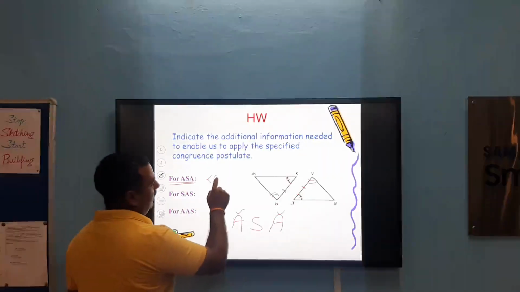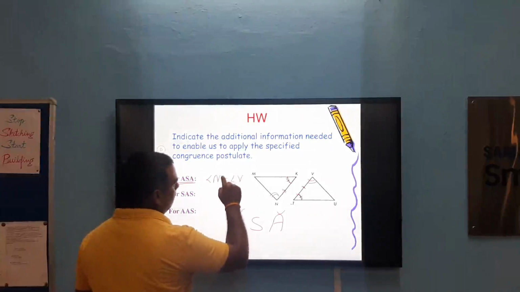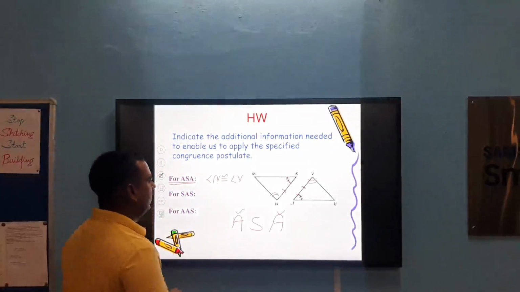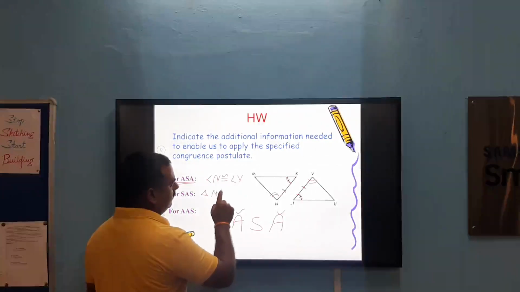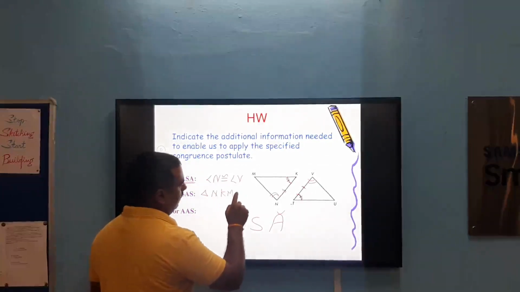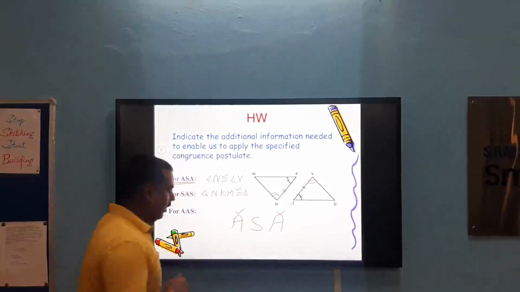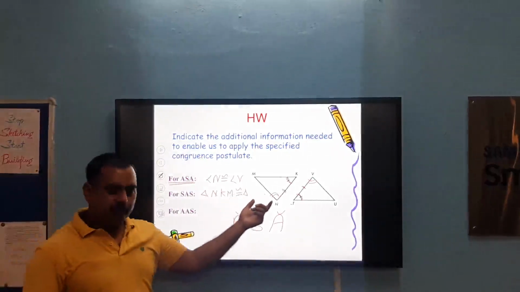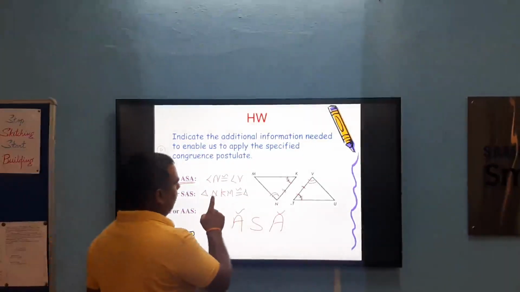So if angle N is equal to angle V, or we can say congruent to angle V, then triangle NKM is congruent to triangle. Now, while writing the names of the two triangles, we must focus on that.